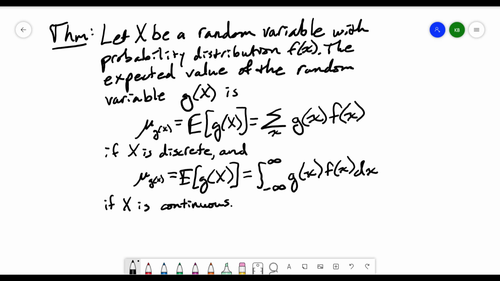And in the continuous case, we're taking the same integral, negative infinity to infinity, of g of x times f of x dx. So we're using the values of the random variable that g of x is depending on to find the expected value of g of x itself.